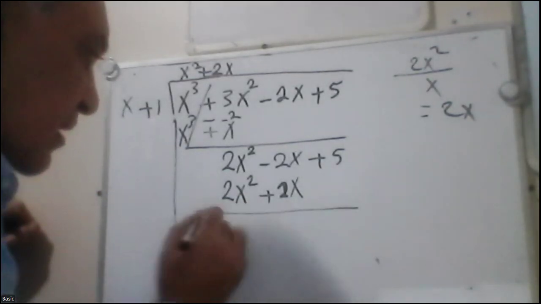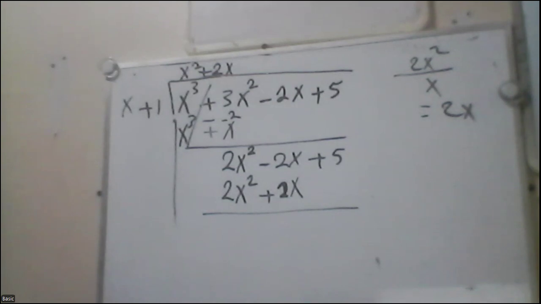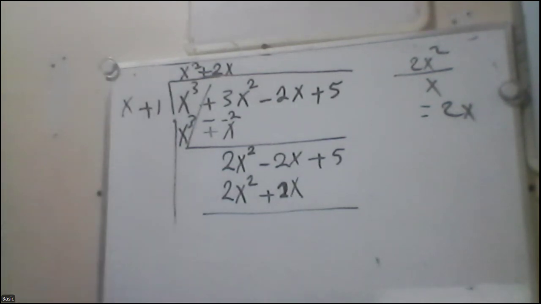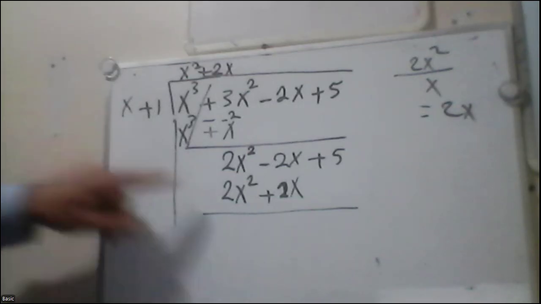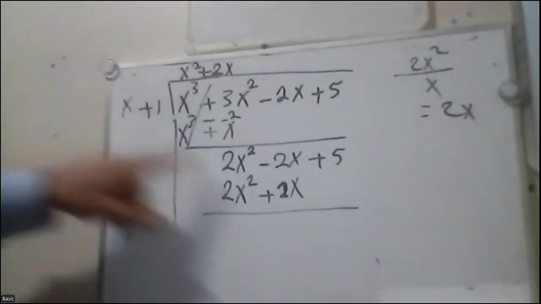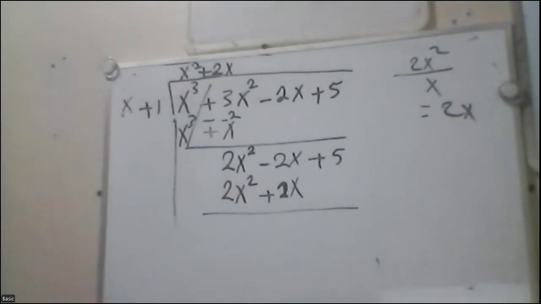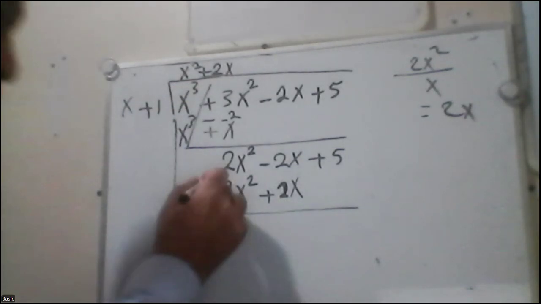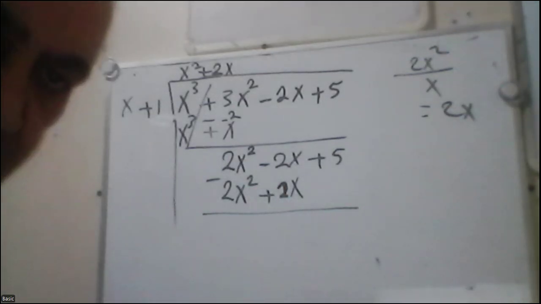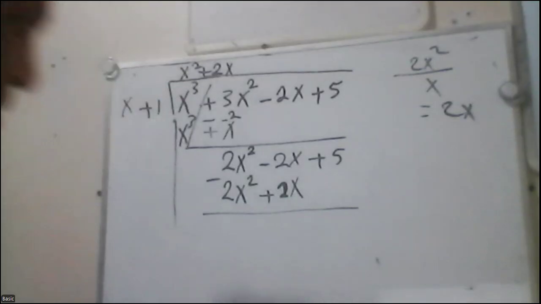Then I subtract, so the signs change: this one will be negative, and the other one will be negative as well.